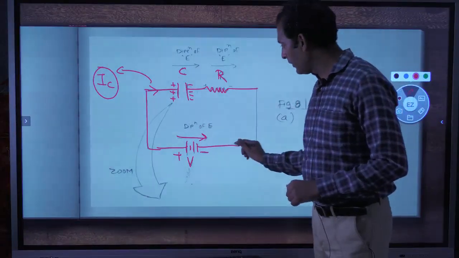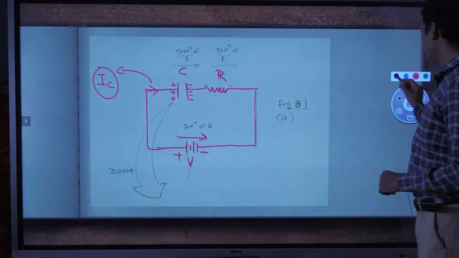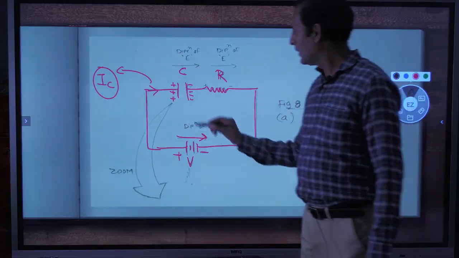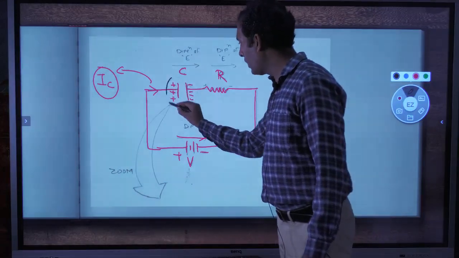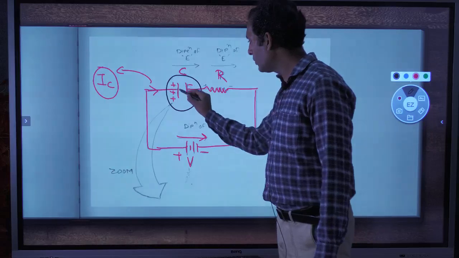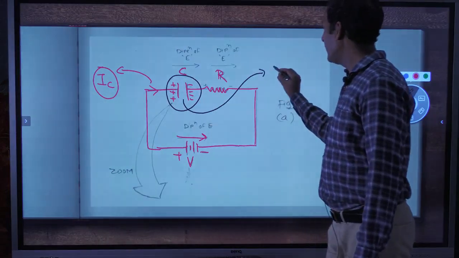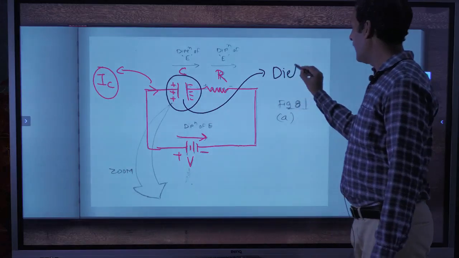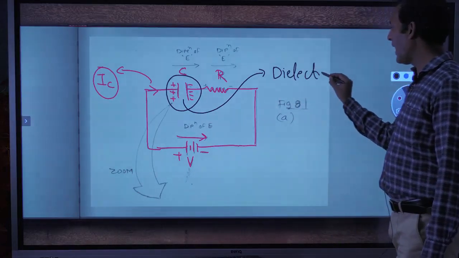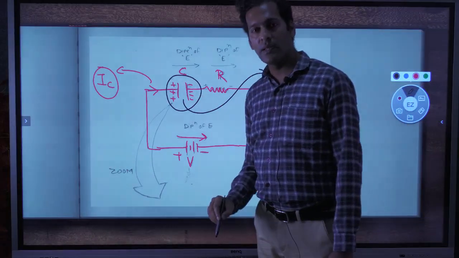Now this circuit will work, it is a closed circuit, it is considered a correct circuit and will function properly. But we have to answer the question: what happens inside the capacitor? The two plates of the capacitor are separated by a dielectric, which means they are electrically isolated. Then which type of current flows inside a capacitor?